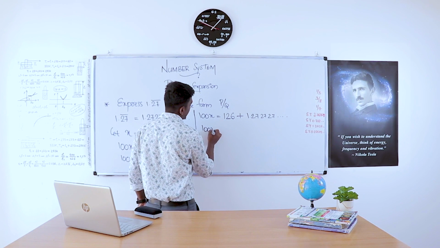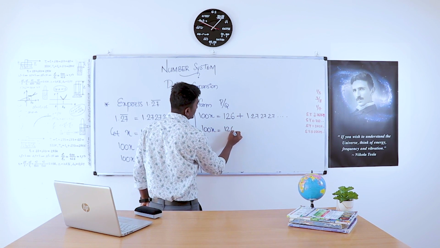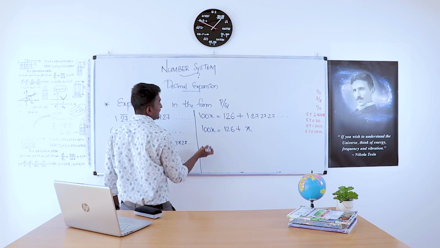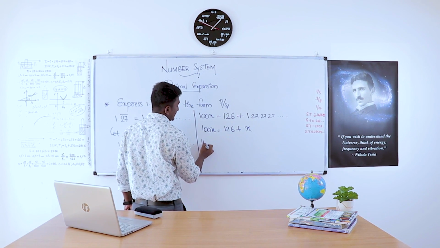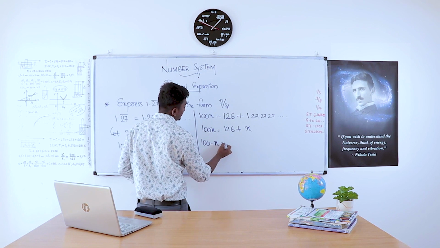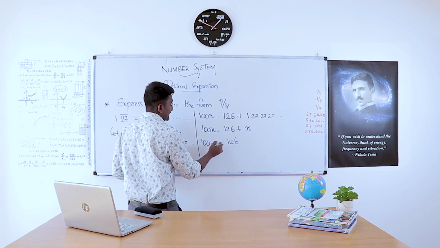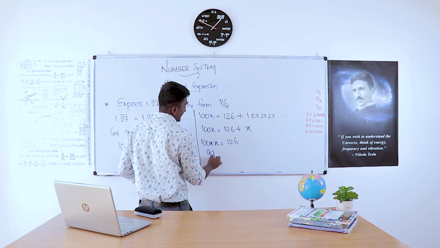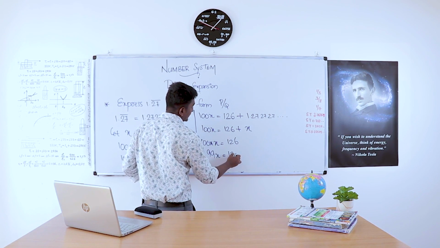Therefore 100x is equal to 126 plus x. Now I am shifting the x to the left hand side, then it becomes negative. That is 100x minus x, which is 99x, is equal to 126.